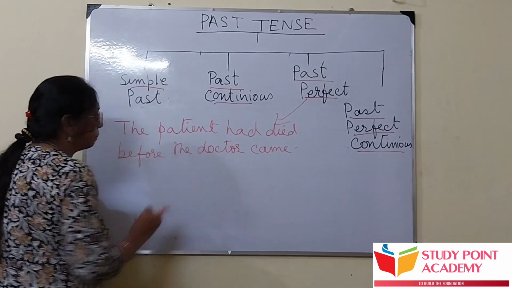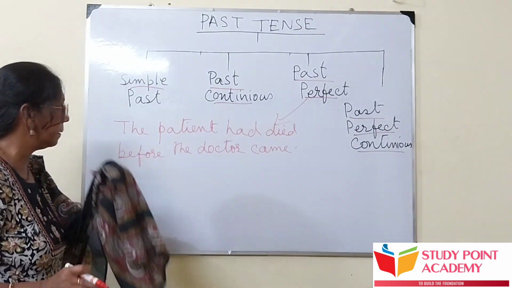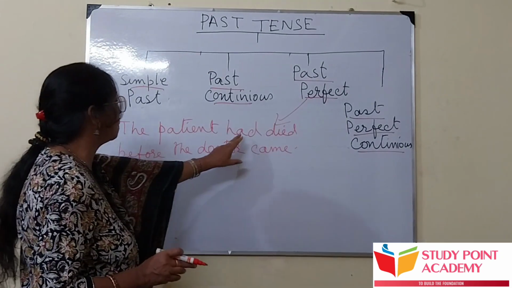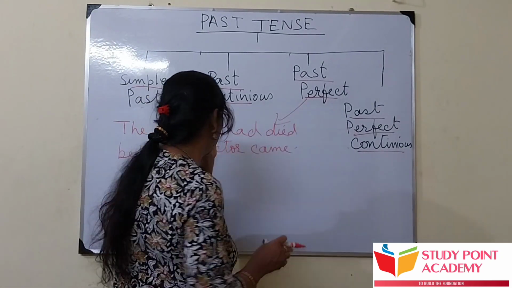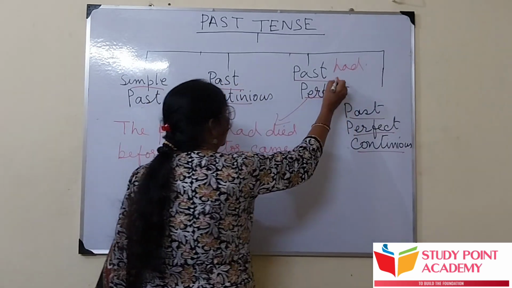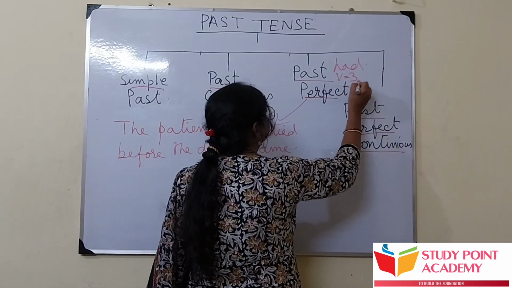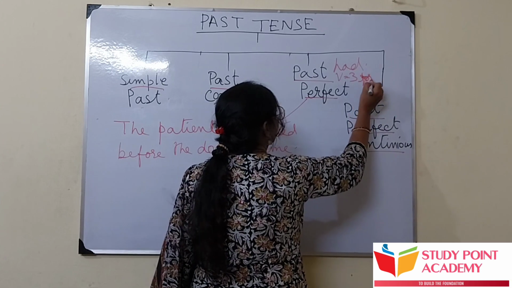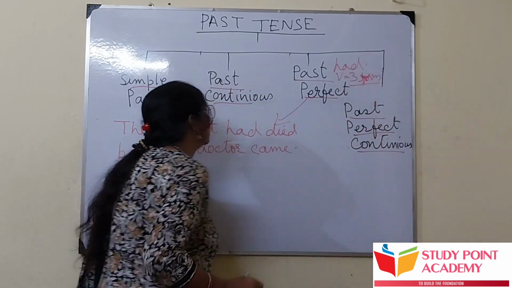Look at the example here. I have written had died. So past perfect is had, only had, and the verb is in the third form.